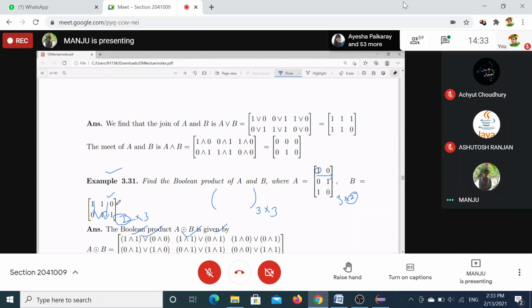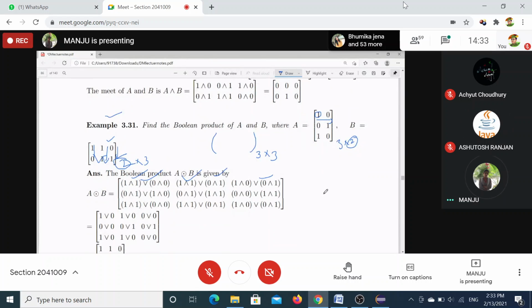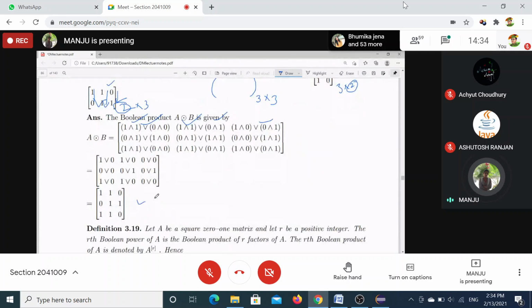Next, conjunction of 1 and 0, disjunction with conjunction of 0 and 1, right? Like this, you can calculate all the entries of the matrix. You will end up getting a 0-1 matrix only. So the product will always be a 0-1 matrix.